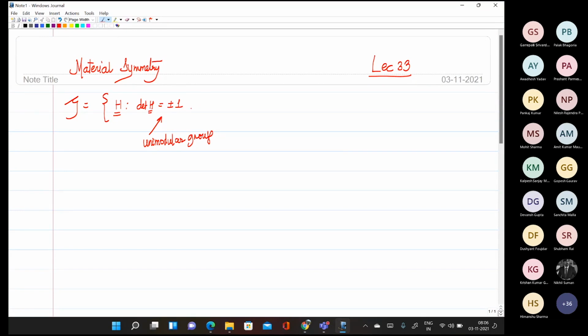So this is not just the requirement for the symmetry group. We further want that the response function for the Cauchy stress, which we denote by sigma, so sigma hat of F is equal to sigma hat of FH. Either this, or in terms of energy, you can say psi is equal to psi hat of FH.